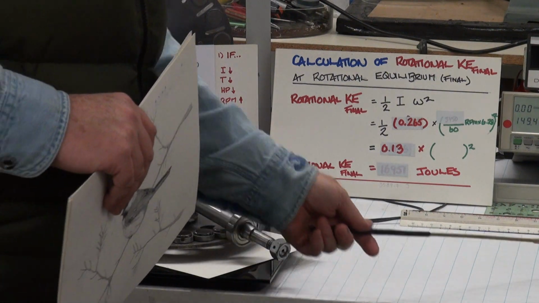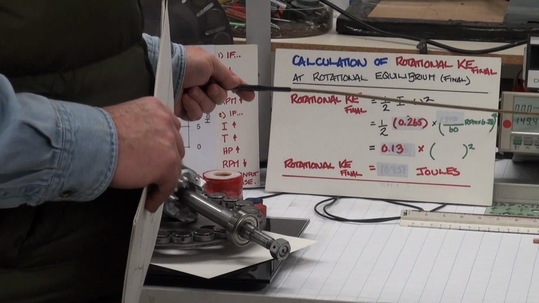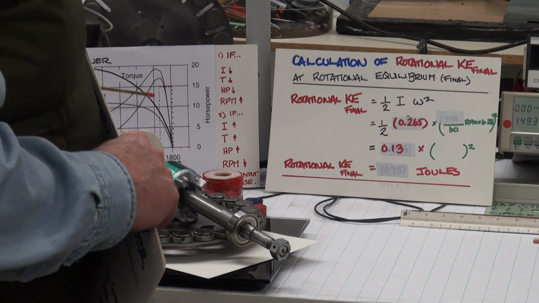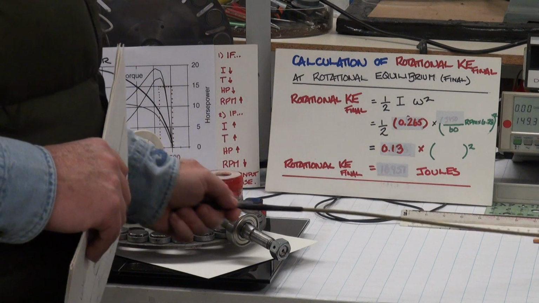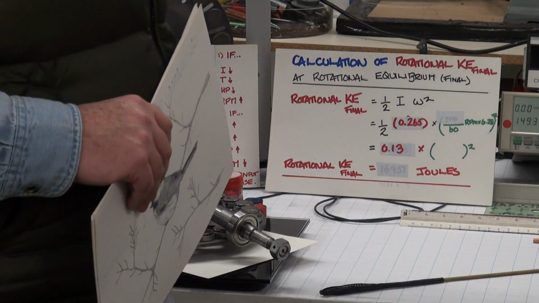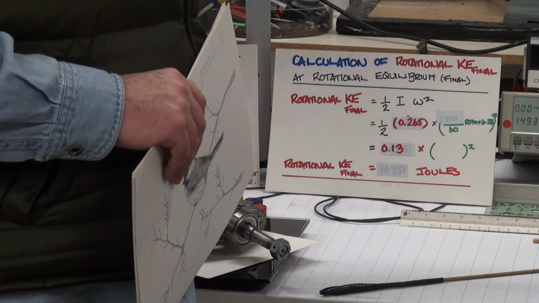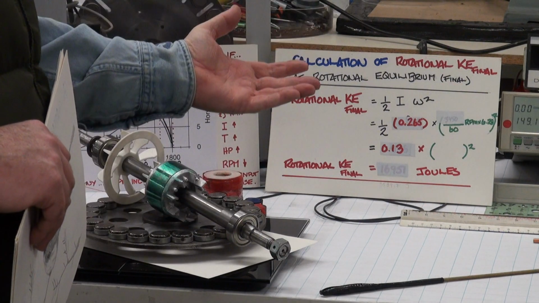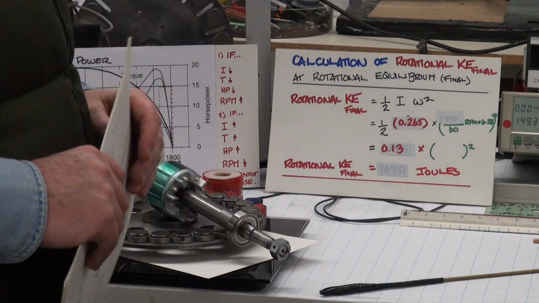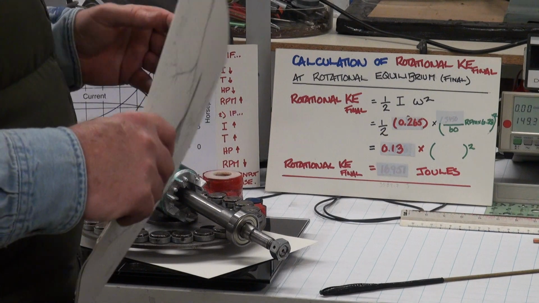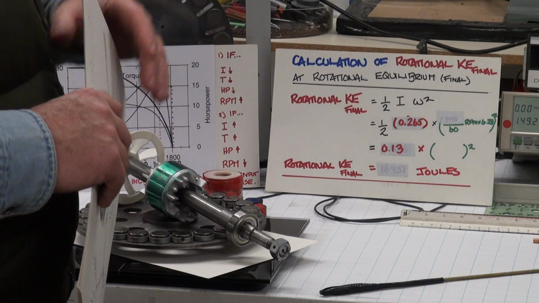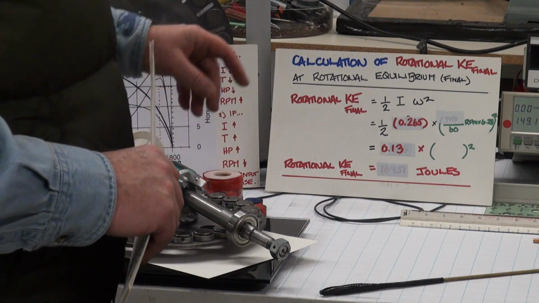And what you'll notice is the power to the prime mover will drop considerably as the speed increases. What's happening in our system is the torque that's supplied by the prime mover is dropping while the RegenX motor is accelerating the system, and a new rotational equilibrium will be established at a higher speed.